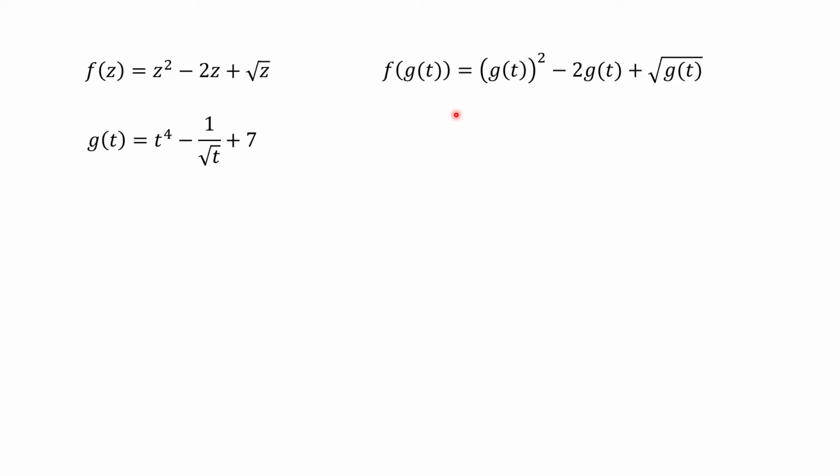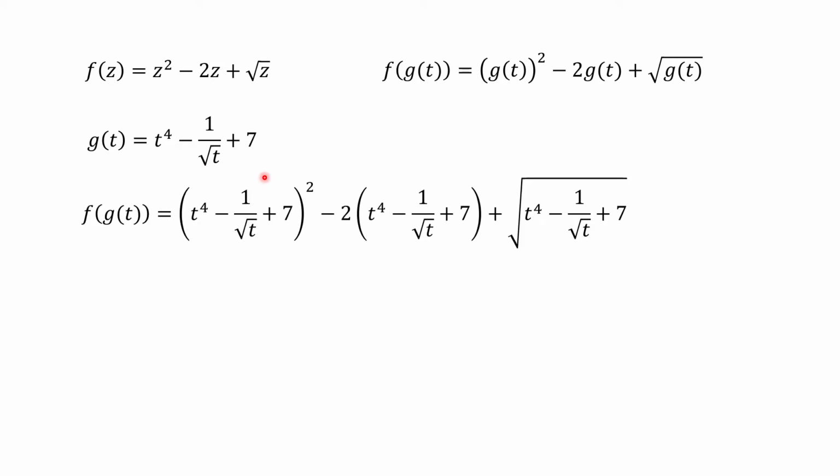Let's say I have a function g of t as t to the fourth minus 1 over square root of t plus 7. I could have anything I want. What do I do in this case? Just follow the rule we described. Simply replace z with this value for g of t, and we get this big expression.